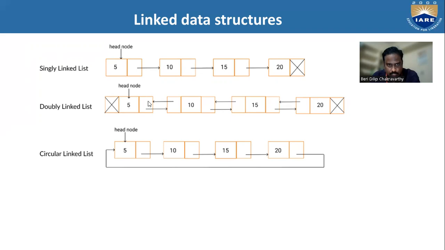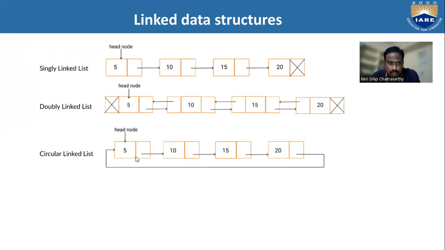Here I am storing the address of 10, and here the address of 5. Similarly, here I am storing the address of 15, and here the address of 10. In the last node, there are no more nodes after that, that's why we are placing null here. So this is about single linked list and double linked list.